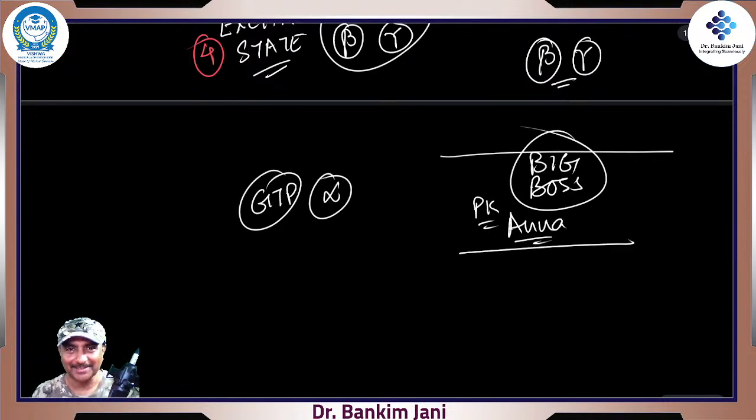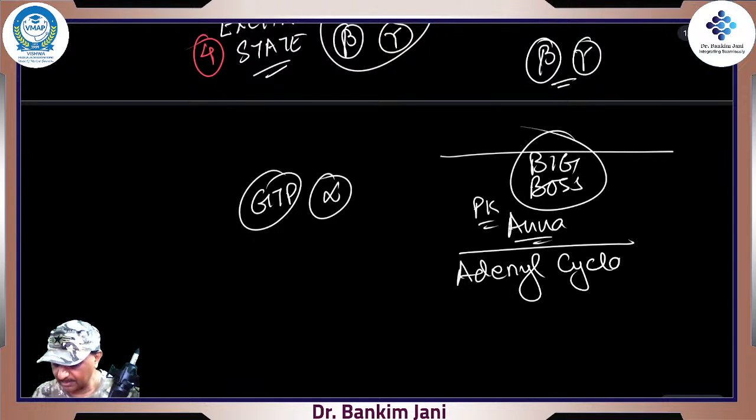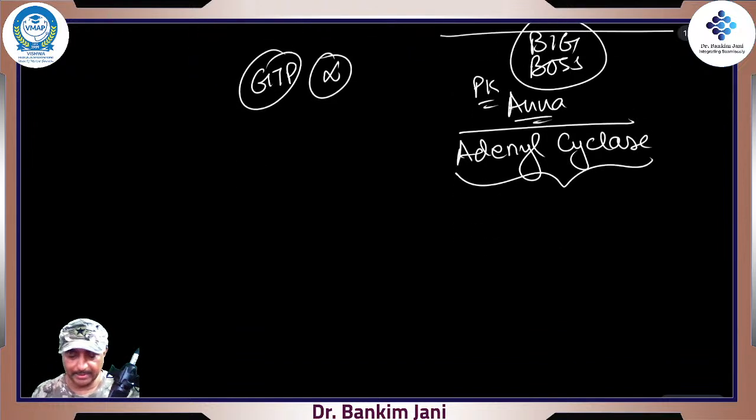And this is adenyl cyclase, right? This is one particular protein which is adenyl cyclase. This is a protein. Now this particular protein, this is where they go.